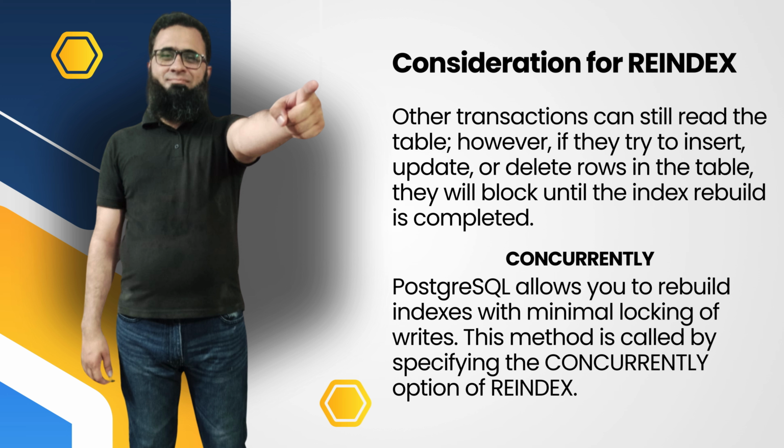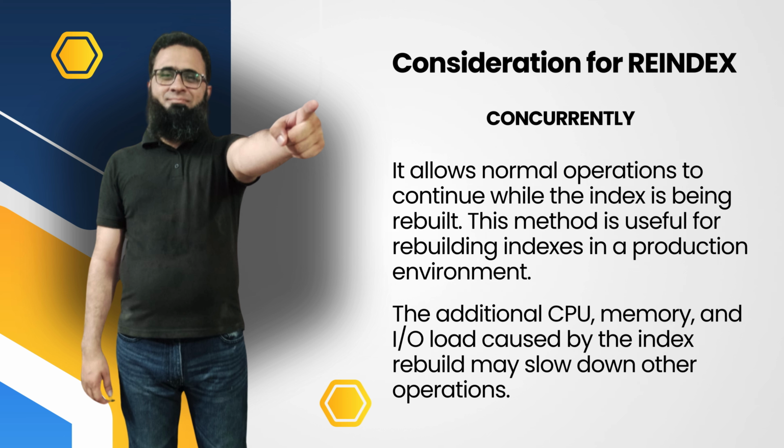To resolve that type of issue, if we have a 24/7 database, we can't afford downtime, so we can use the concurrently option during the index rebuild. It will allow the index rebuild with minimum locking for write operations. So the concurrently option allows operations to run normally while the index rebuild is running.